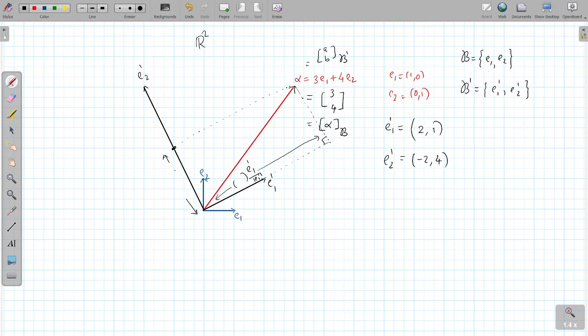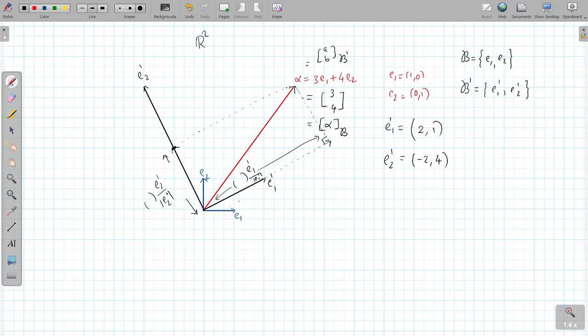Similarly, we need to get the unit vector along this direction, that is obtained by e2 prime divided by modulus of e2 prime, and we need to multiply it with this length. If we get these two vectors, we can easily write this alpha in terms of e1 and e2.